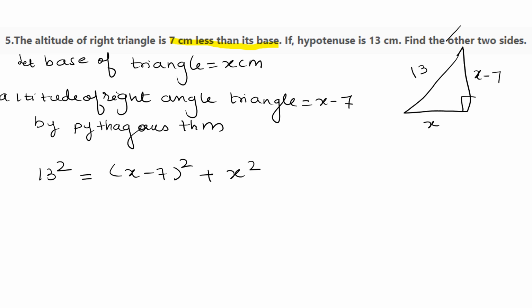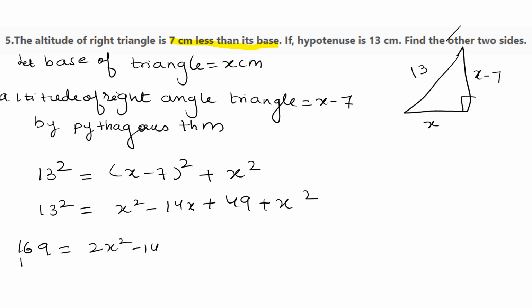Now the first bracket you can open using the identity. So x square minus 14x plus 49 plus x square. Like terms we can add. 13 square we can write as 169, and 2x square minus 14x plus 49.